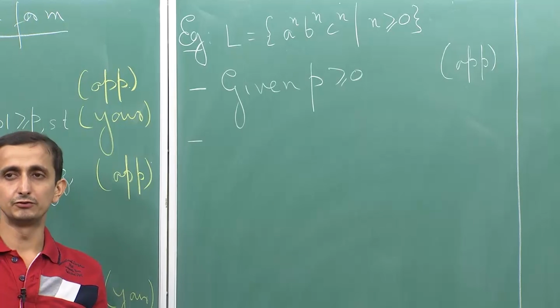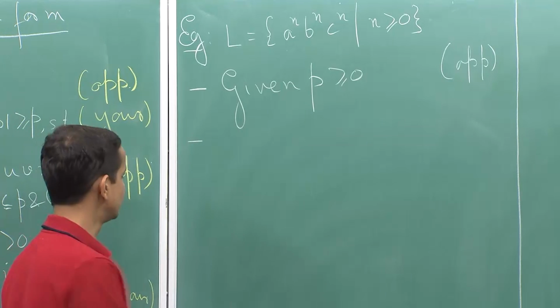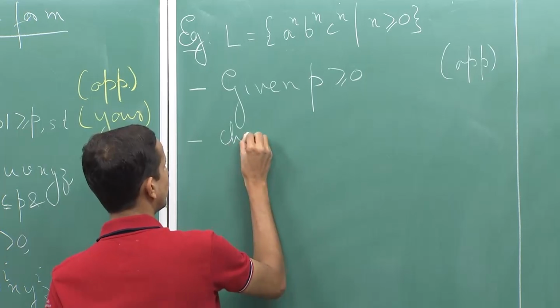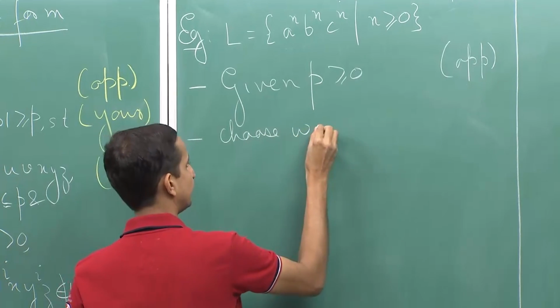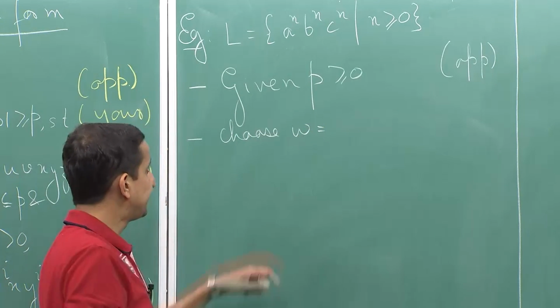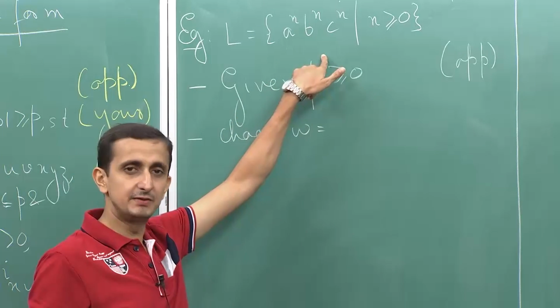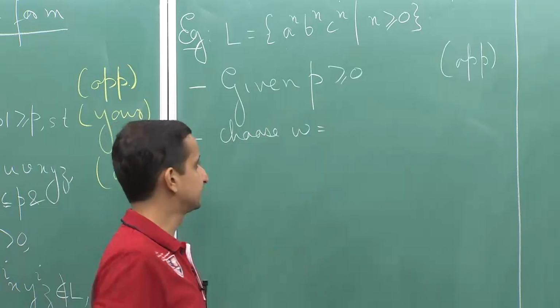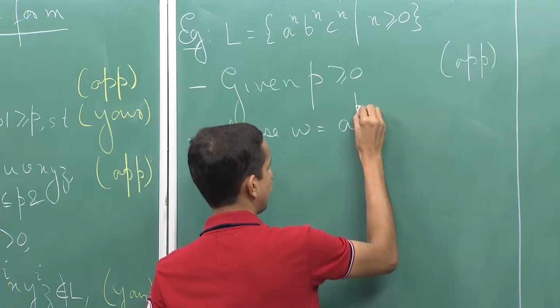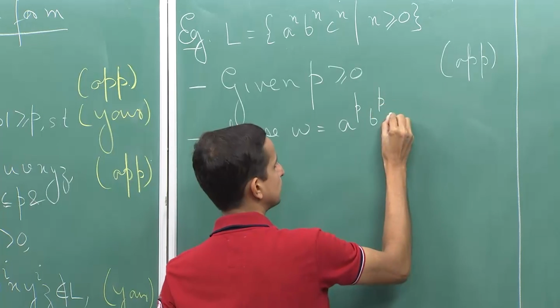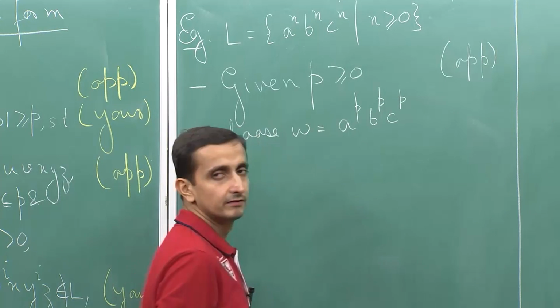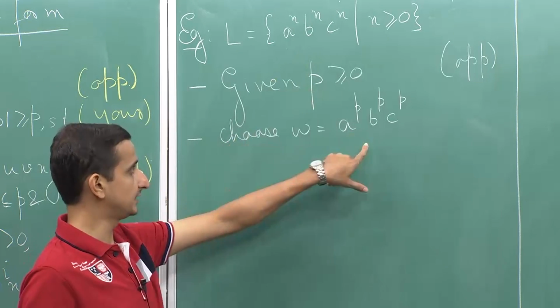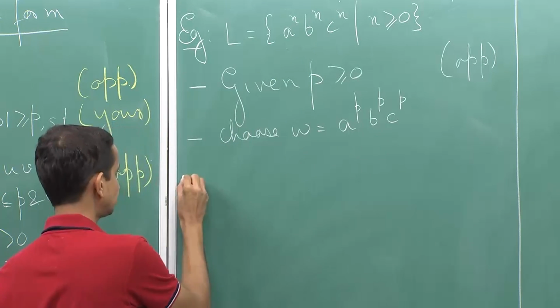So, what string do we choose? We are going to choose W, which has p number of a's followed by p number of b's followed by p number of c's. Clearly, this belongs to the language and has length more than p.